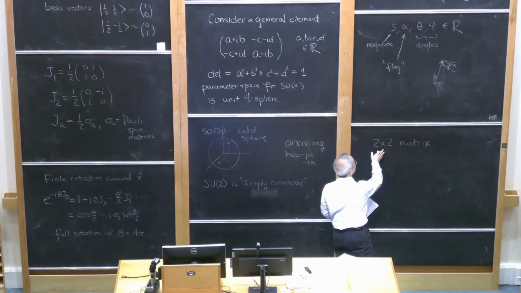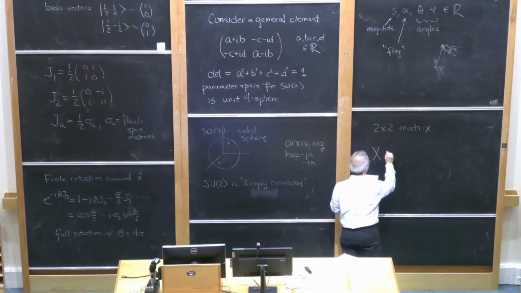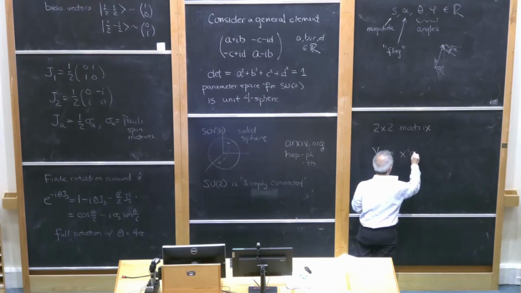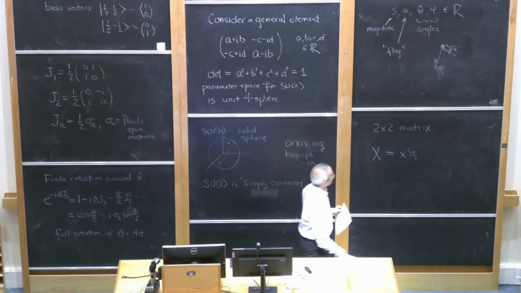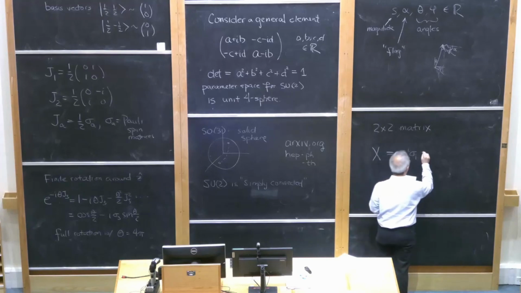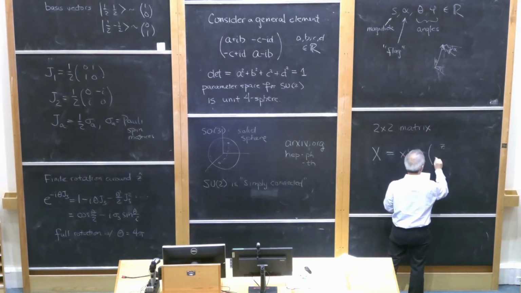Okay, so it's not that unusual to see a 2x2 representation. And in this case, I think this is actually a little bit easier to deal with. So we'll just say x, and then we will go back to the summation convention. Okay, so this is the sum over real parameters with Pauli spin matrices, and that will equal this sort of form.